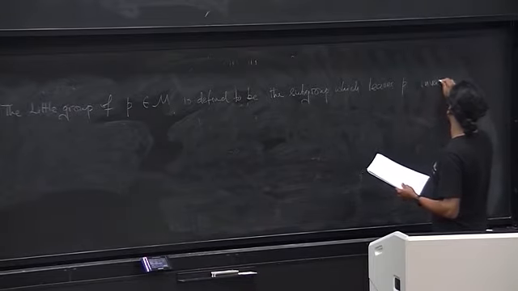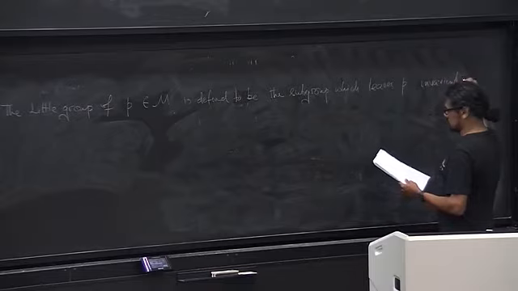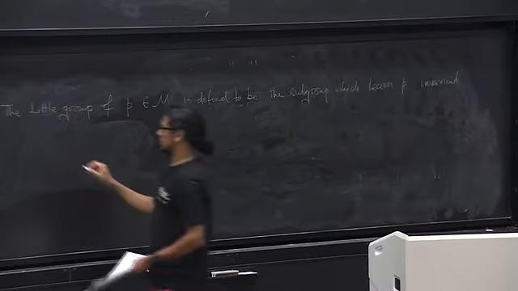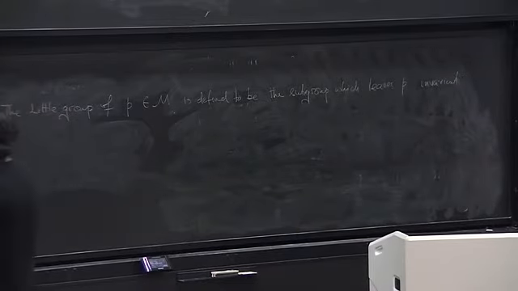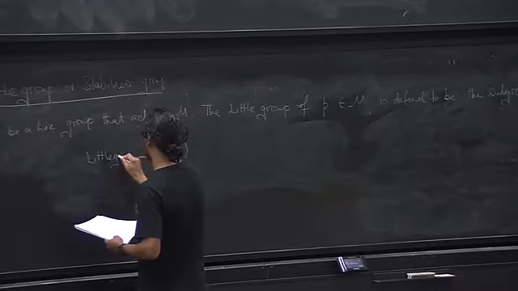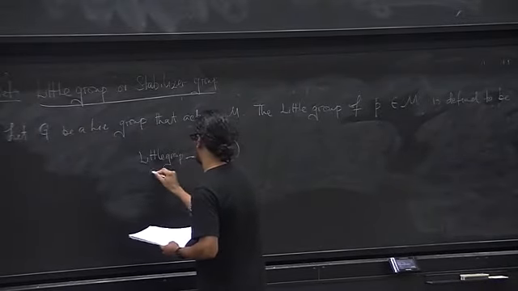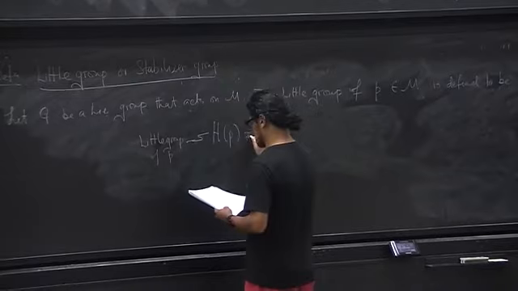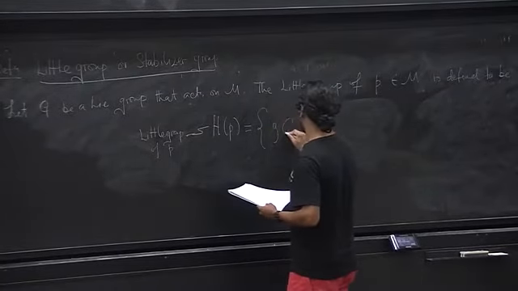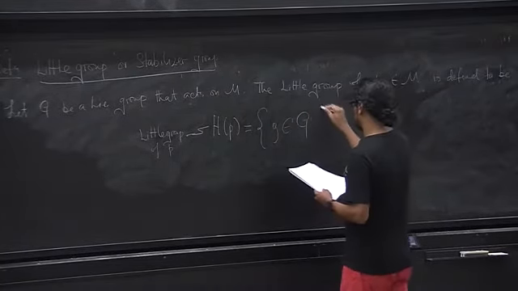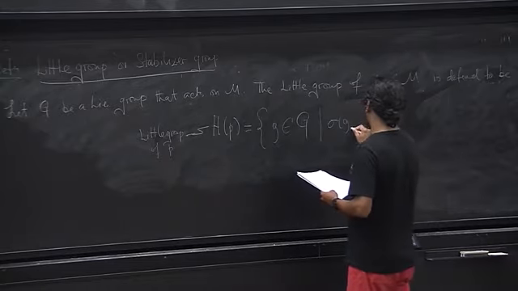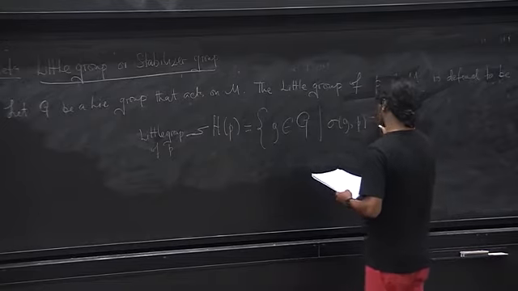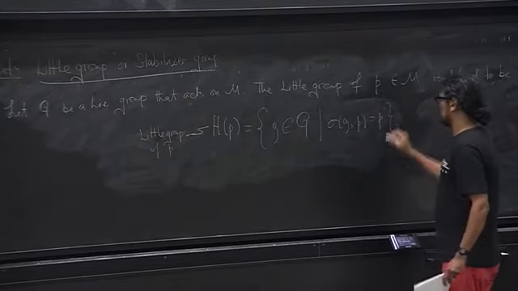What I mean is that H of P, this is the little group of P. This consists of all the elements in G such that the action of those elements on the point P has no effect on it.